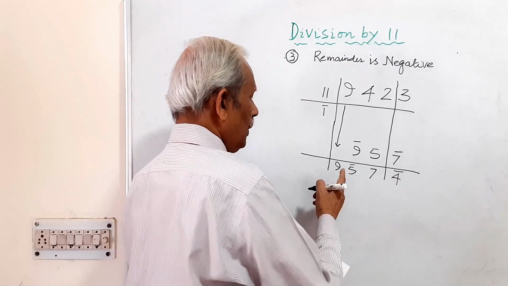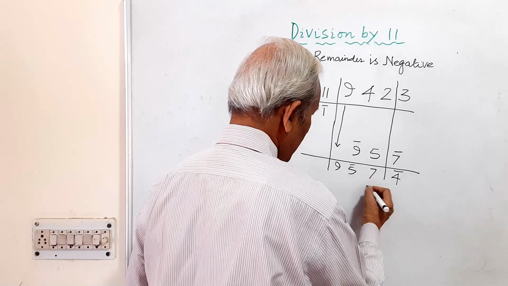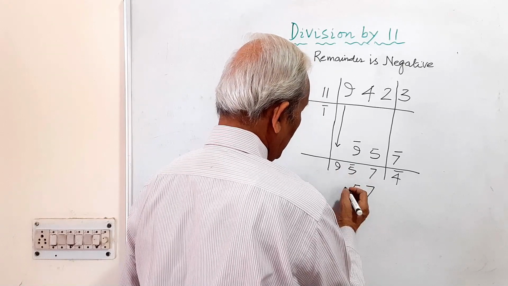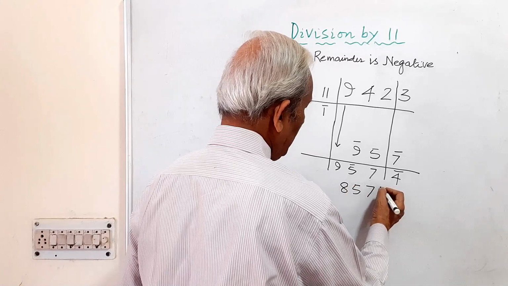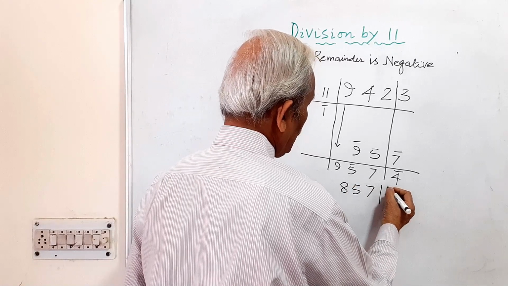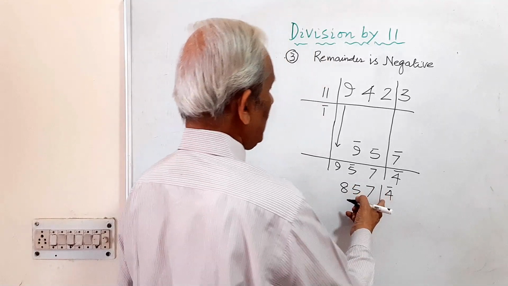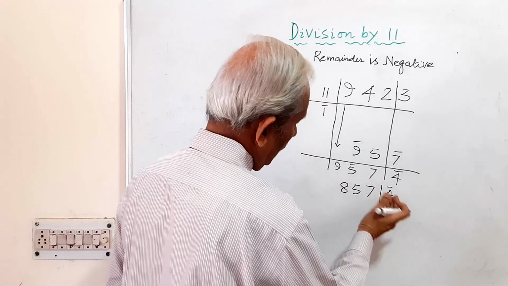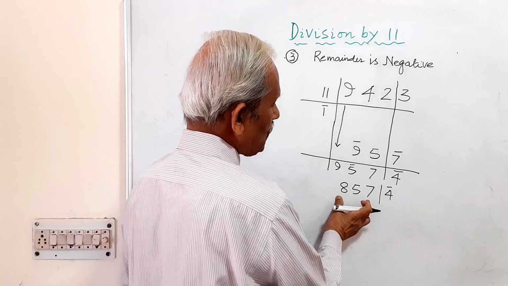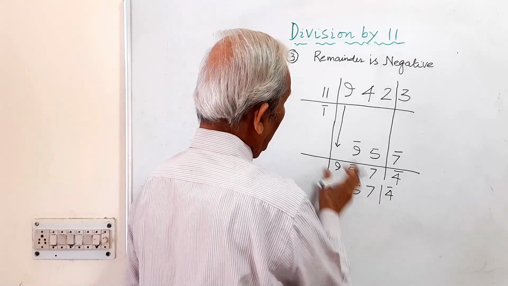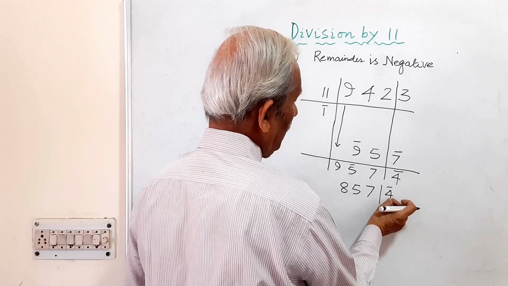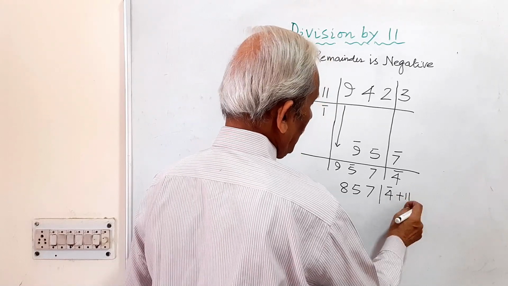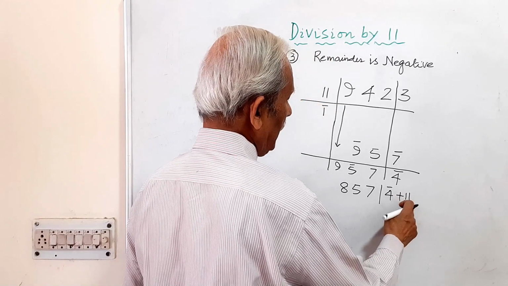The remainder is negative. So first we will treat this 7, devinculate this: 10 minus 5 is 5, reduce this by 1, 8. 8, 5, 7, 4 bar. Now what I told you, when this becomes like this, we will add one divisor to it, and will reduce the quotient by 1. By adding 1 time 11, we get a positive number, because minus 4 plus 11 becomes 7.